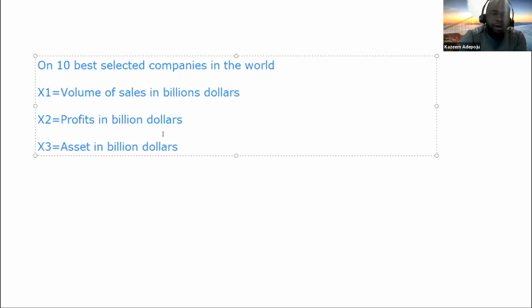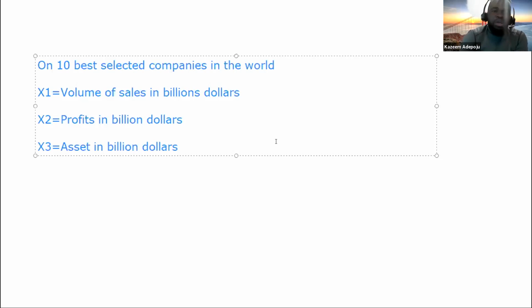Now maybe I want to test, maybe there's a threshold, if a company is good, then the true average volume of sales should be a certain value. If a company is good, the profit in $billion should be a certain value, on average. And if a company is good, then the assets in $billion should meet a particular threshold.